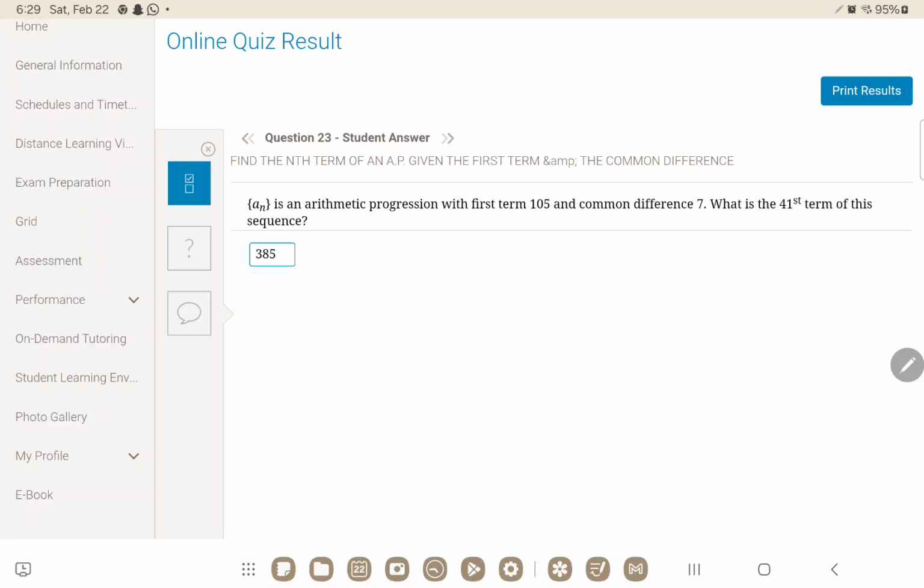You have an arithmetic progression with the first term as 105 and the common difference is 7. What's the 41st term? So a_41, they want the 41st, okay. So equals a_n, which is the first term, 105, plus m minus n, 41 minus the first term, so 41 minus 1, times 7.